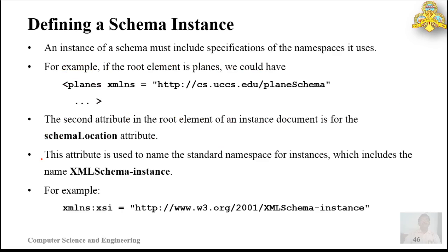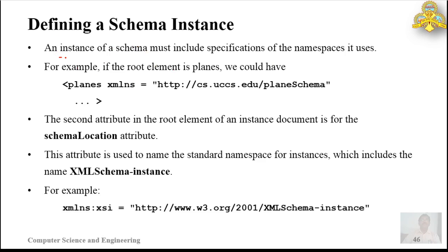As already told, the XML schema is declared and we are creating an instance of that schema, that is, the XML document. In the XML document we have to include the definitions, that is the schema definition, by using XMLNS.